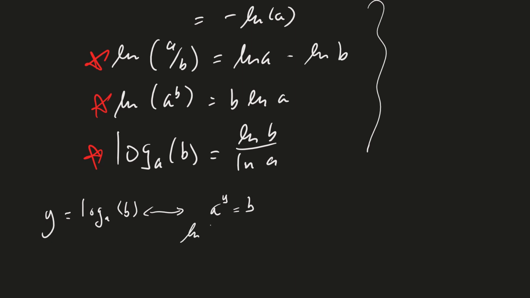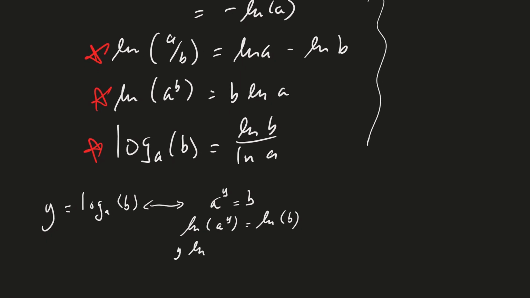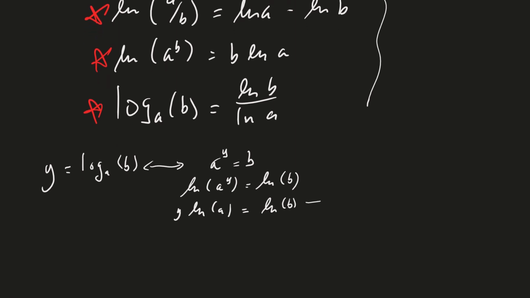So I'll apply the natural log because that's the one that we can compute the most easily on a calculator, for example. And so using the properties of the logarithm, I can bring down the y, and then finally I can just take y to be natural log of B over natural log of A.